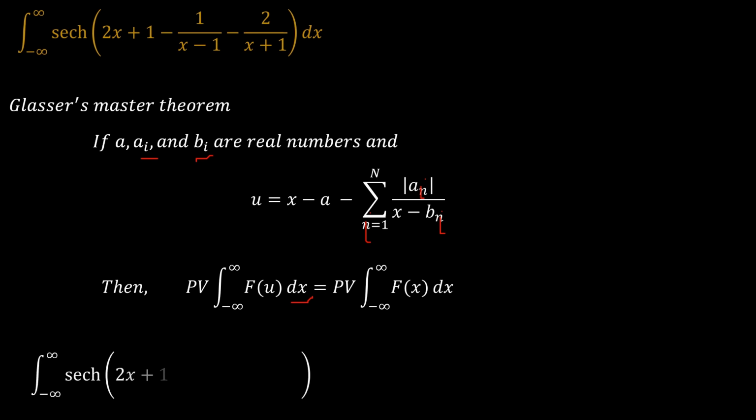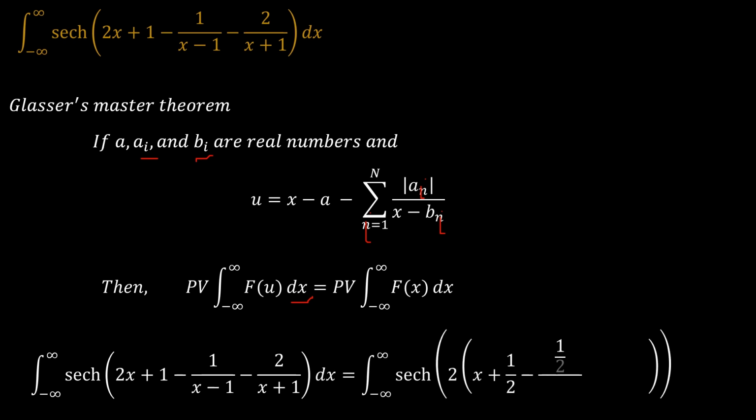And so if we have this expression here, we can create an abstraction such that we have hyperbolic secant of 2x plus a half minus a half over x minus 1 minus 1 over x plus 1, such that this here is our negative a, and this here is our absolute value of a1, absolute value of a2, this here is b1, plus 1 is b2.